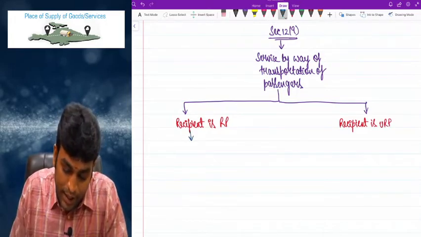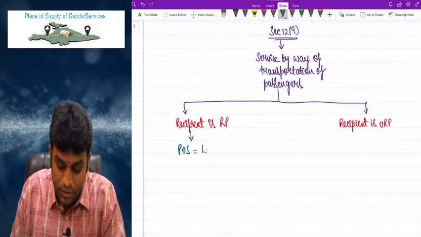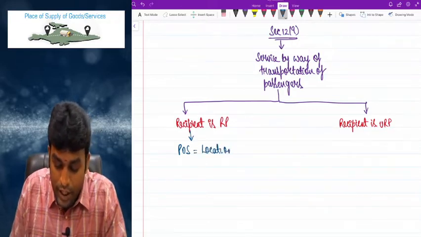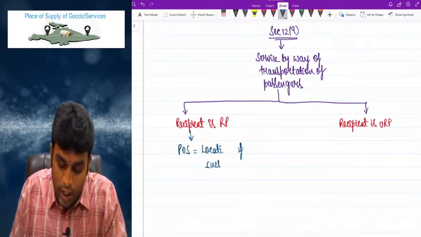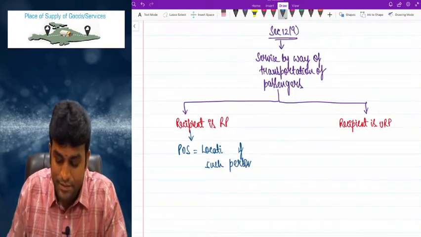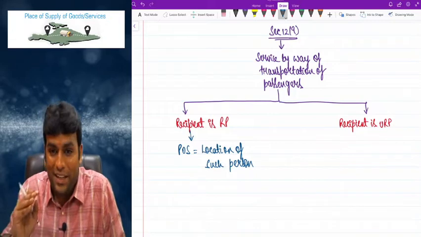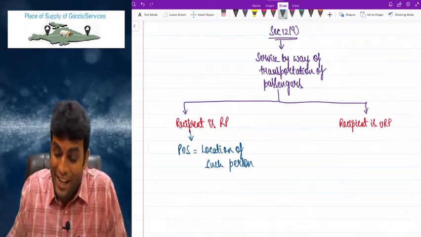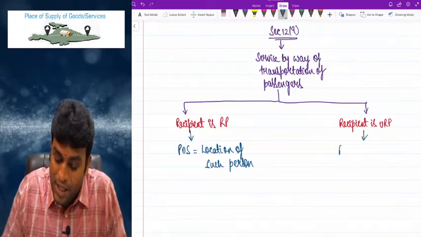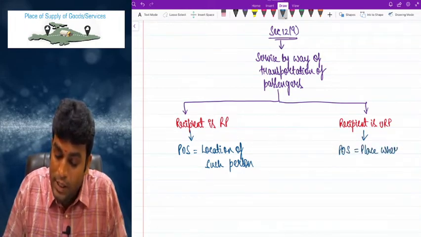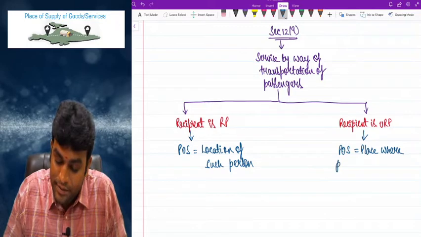If recipient is a registered person, POS would be location of such person. That means wherever he is registered. Correct, right?